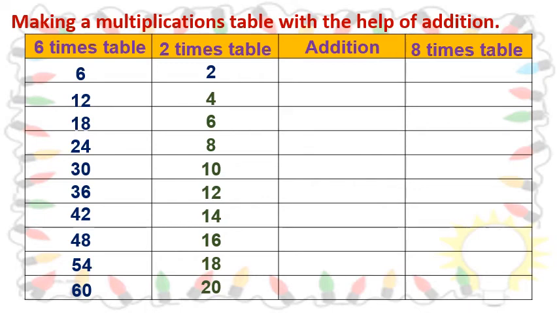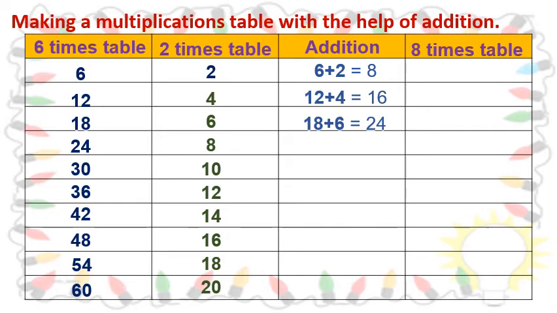Okay, see here. In the first row, we will write 6 plus 2 is equal to 8. You know that, correct? Second, 12 plus 4, that is 16. Third, 18 plus 6, that is 24.